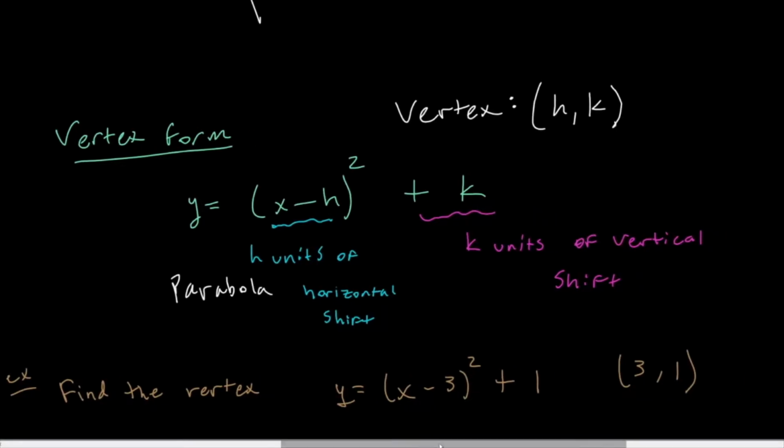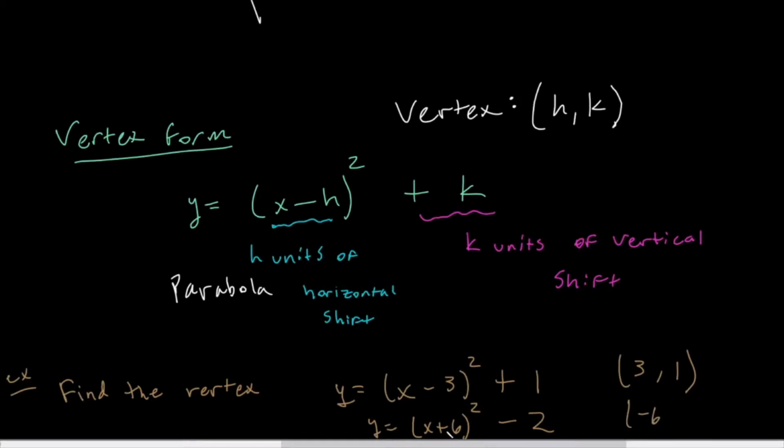Let's try another one. So consider y equals (x plus 6) squared minus 2. Notice, in vertex form this is normally x minus h, but this is plus. When it's minus h, that means h is positive. If it's plus, that means h is negative, so it has to be negative 6.